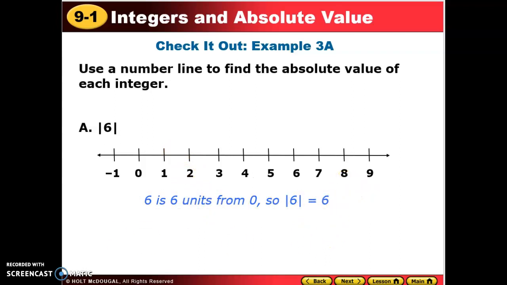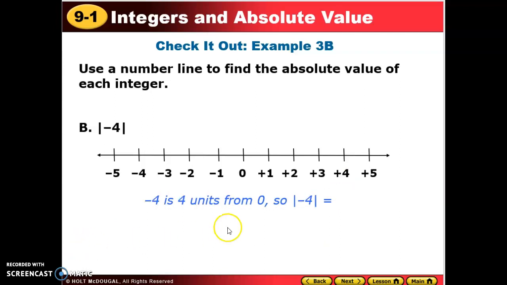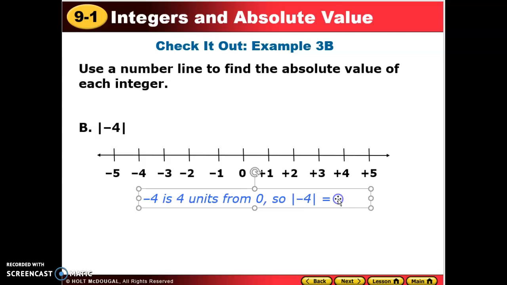So don't get confused, or don't worry yourself. It's a lot easier than it seems. The absolute value of -4, -4 is 4 units from 0, so the absolute value of -4 is 4. It's just +4. So that is the first lesson.